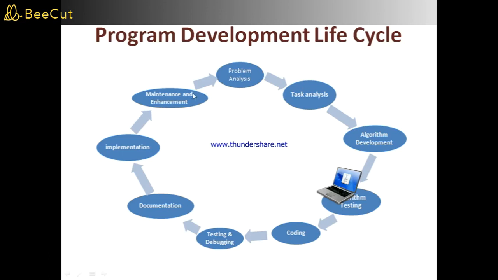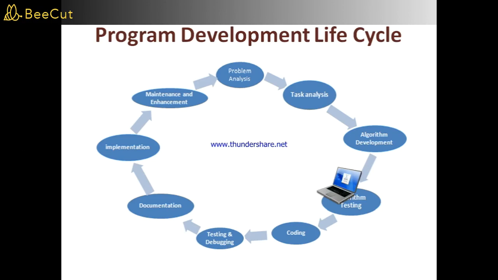Those changes are analyzed, and it goes through all the steps again and comes back to the maintenance and enhancement step. If any further enhancement is required, it loops again. Anyway, that's all about the programming development life cycle.